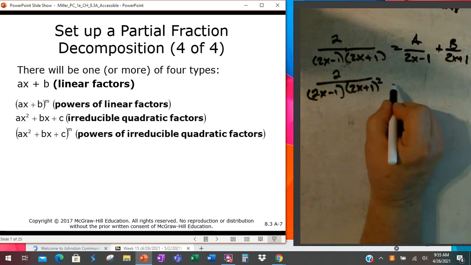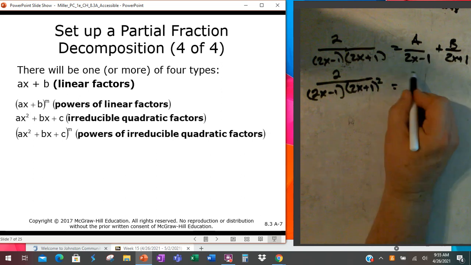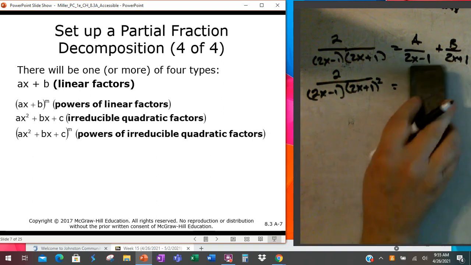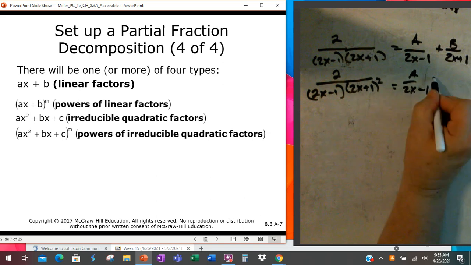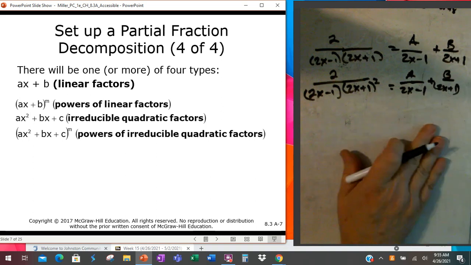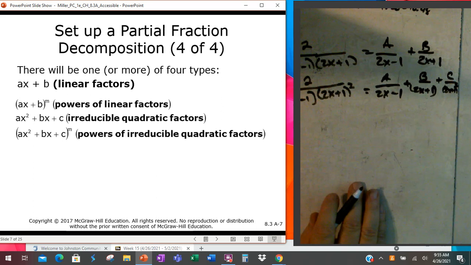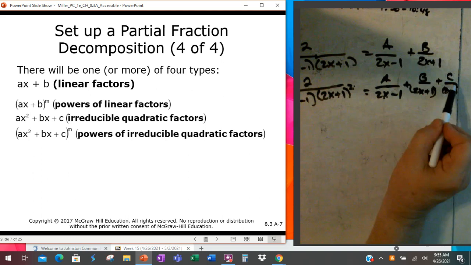For each one of these powers, I'm going to have to set up one of these things. So I'll have a over 2x minus 1 plus b over 2x plus 1 to the first power, and then I just keep counting up, plus c over 2x plus 1 squared. I'll just keep bringing these things up until I get to the same exponent as I got here.